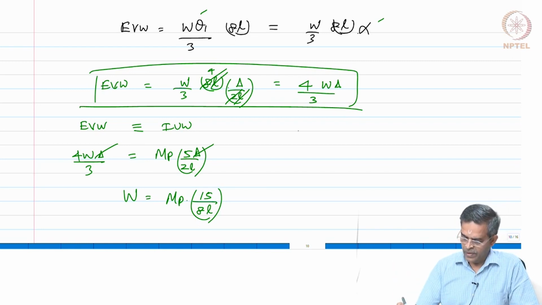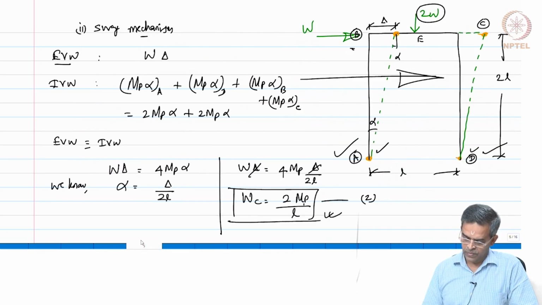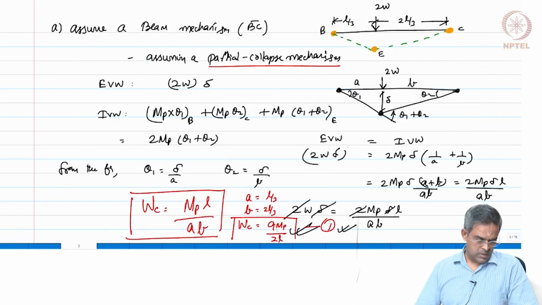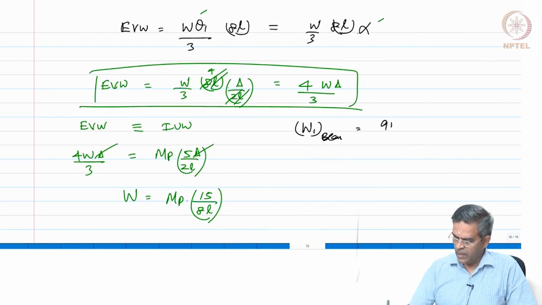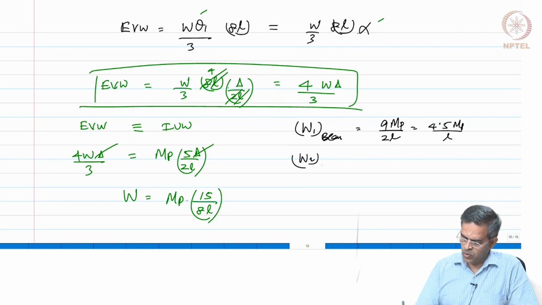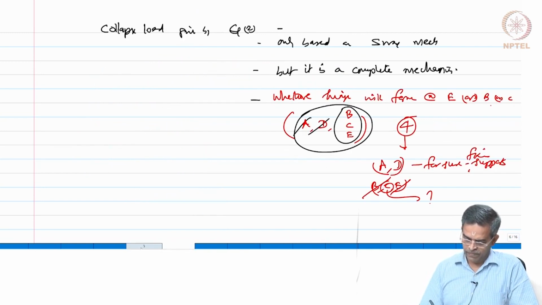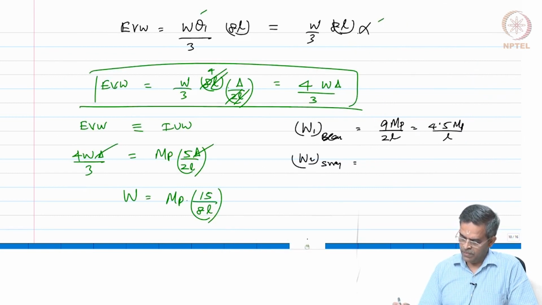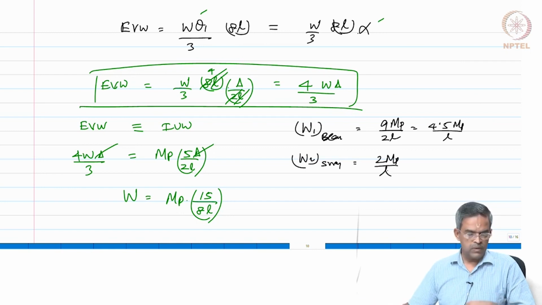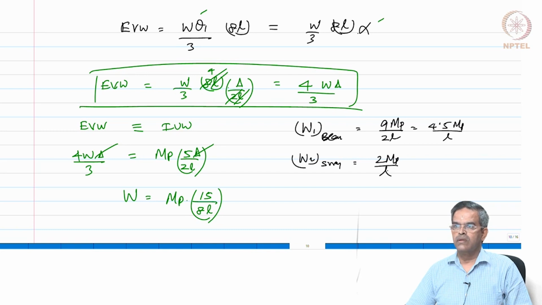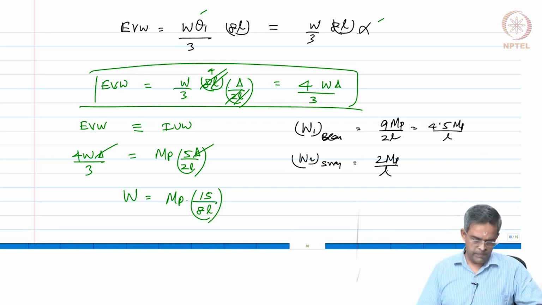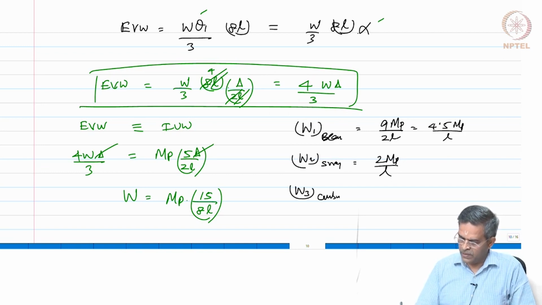So, now we have different values. Let us see what are the values we have. We have W1, which is from the beam mechanism, 9 MP by 2L, which is 4.5 MP by L. We have W2 from the sway mechanism, which is 2 MP by L. We have now W3, which is a combined mechanism, which says it is 15 by 8L of MP.